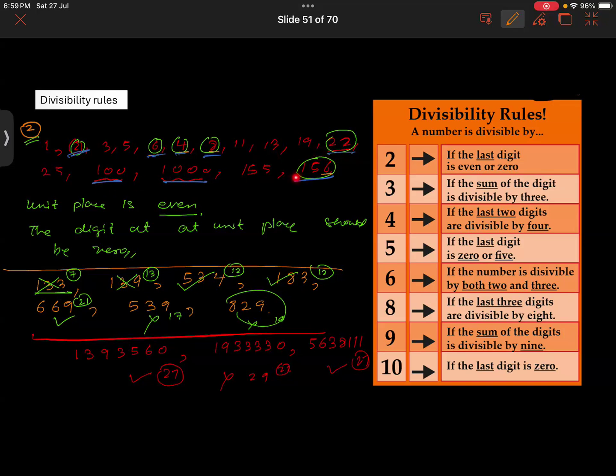For some of them, the unit digit was an even number like 2, 6, 4, 8, so they are divisible by 2. Some of them ended with 0, and numbers ending with 0 will also be divisible by 2. So if the unit place is even or the unit digit is 0, it will be divisible.